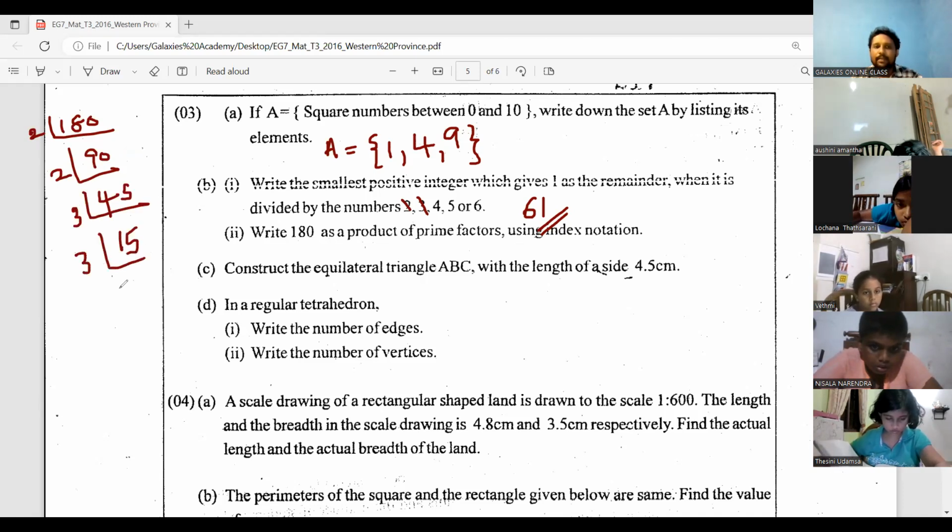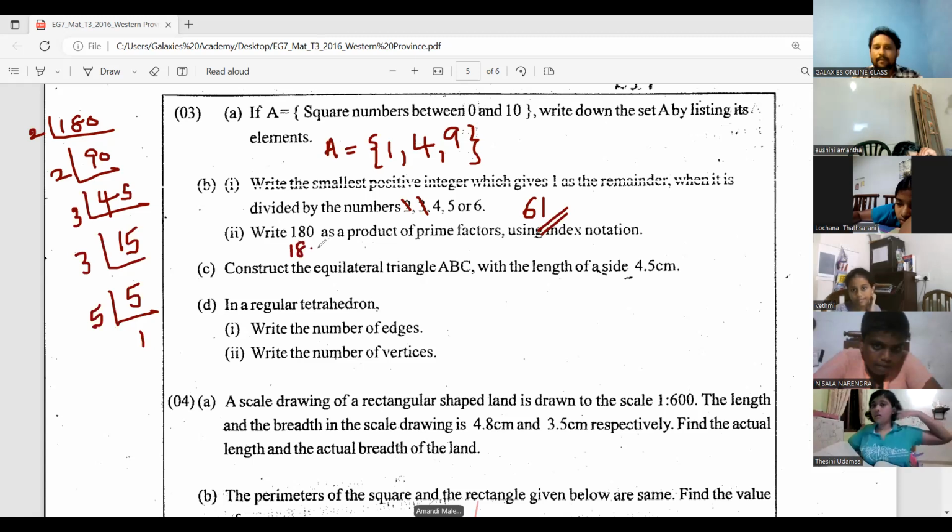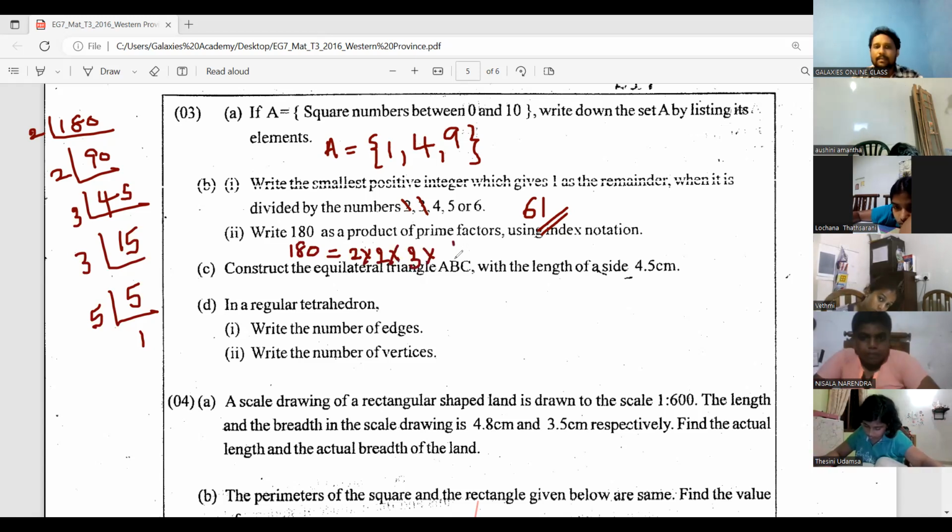Again we can divide by 3, 5. 5 divide 5, 1. So 180 you can write 2 multiply 2 multiply 3 multiply 3 multiply 5. It is a product of prime numbers.